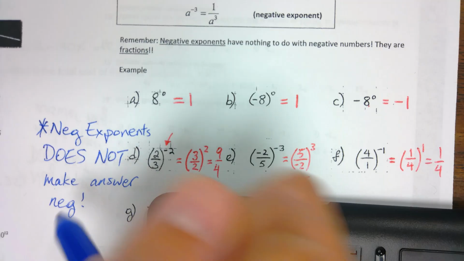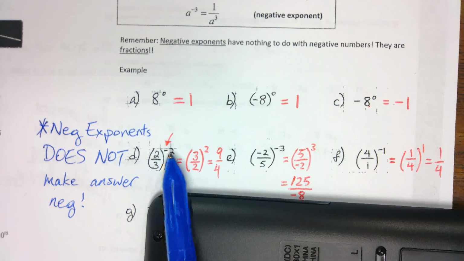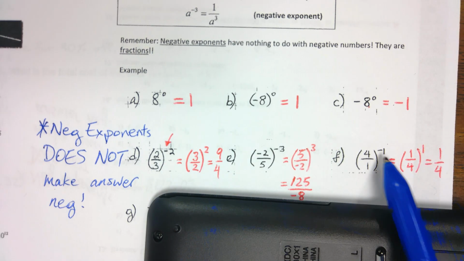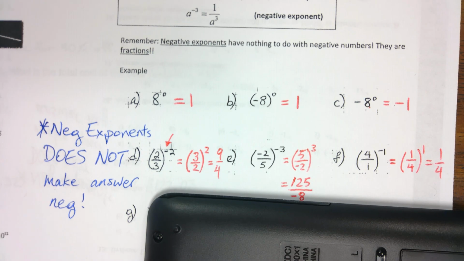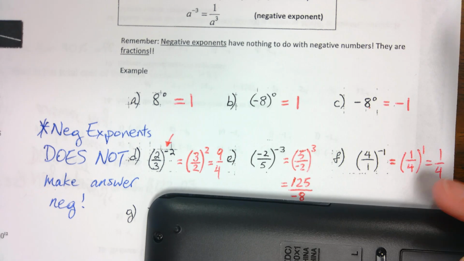All it does is flip. You flip the base. Right? So just like right here, -2 exponent, 9/4. -1 exponent, 1/4. So it has nothing to do with making your answer positive or negative.